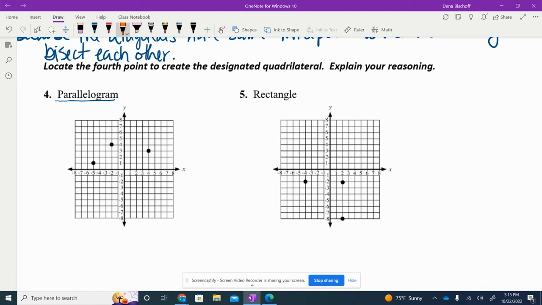So if I can find the slope of this side, I know that the other side has the same slope. And if I can find the slope of this side, the other side has that slope as well. So let's count some slope first off. So this side goes up 1, 2, 3 over 1, 2, 3. So this has a slope of 1. So this also needs to have a slope of 1.